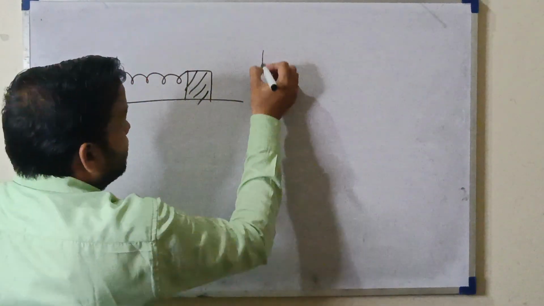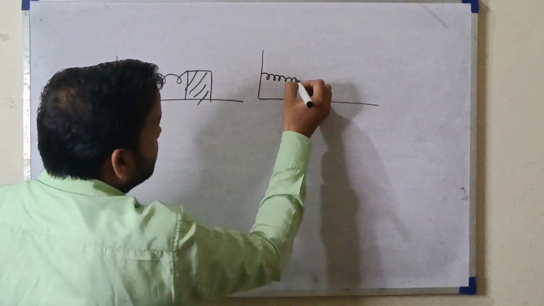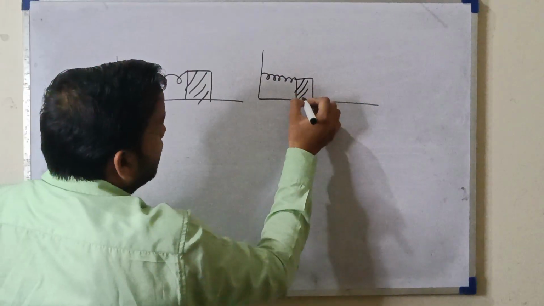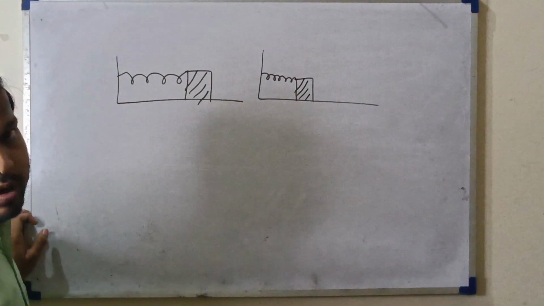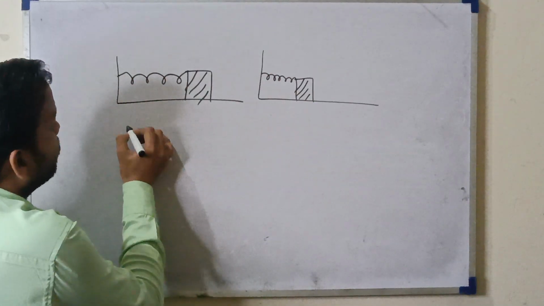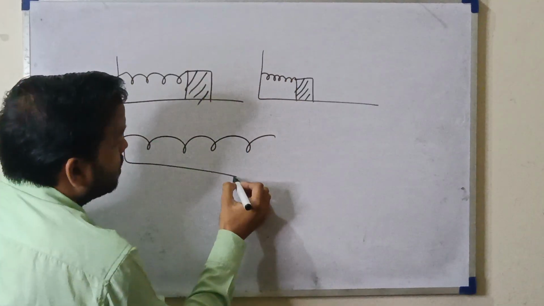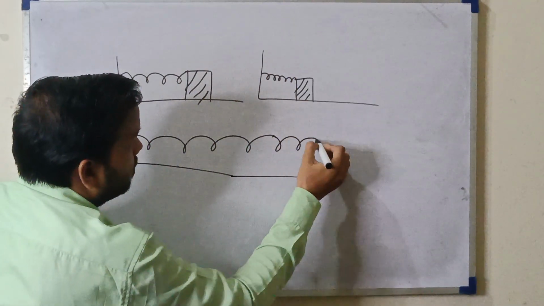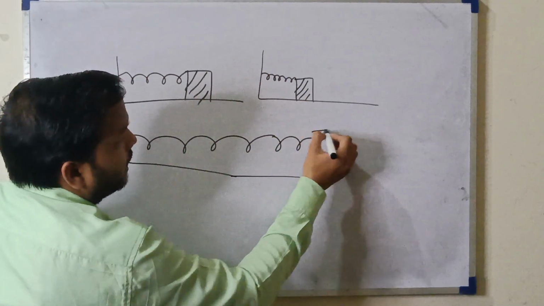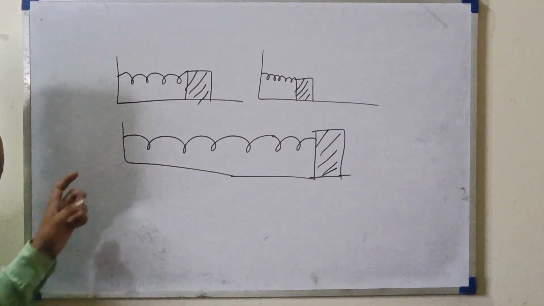Now you compressed the spring like this, and to compress the spring you worked. Of course you will work to compress the spring, and also to expand the spring you will work. Now the spring has been expanded, or you can say extended.